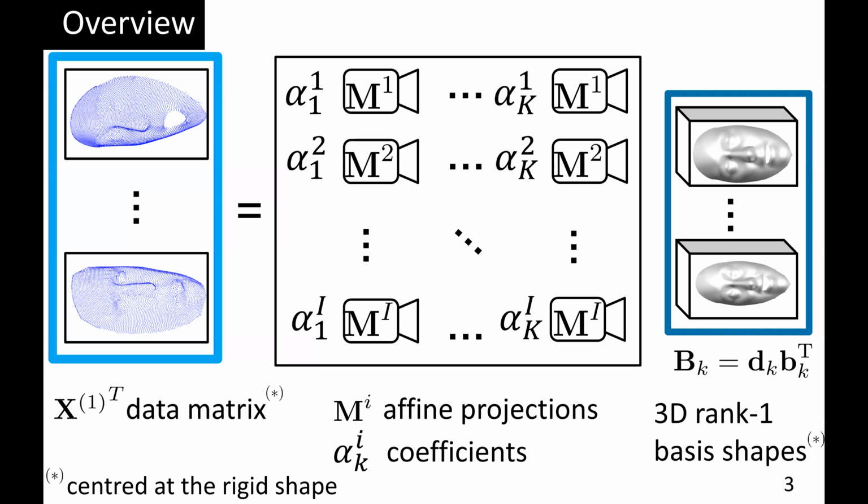And here, these are the main contribution of the paper, because we represent these rank 1 basis shapes as a product of 2 vectors. Hence, this is rank 1. This is in contrast to other works where they use a reordered 3 times n matrix, and then this is rank 3, in contrast to what we are doing here.